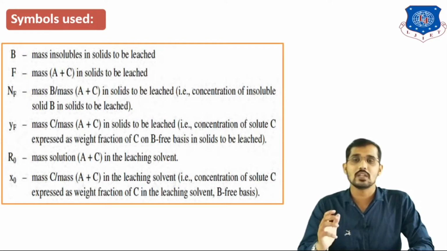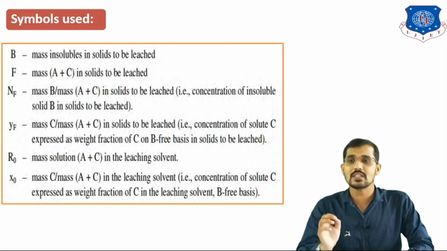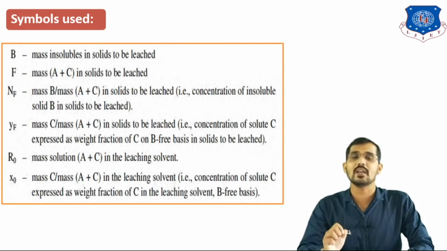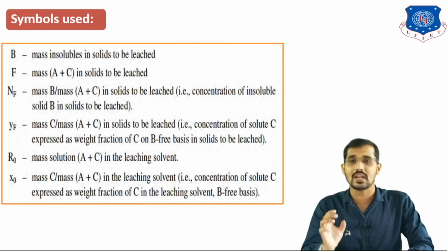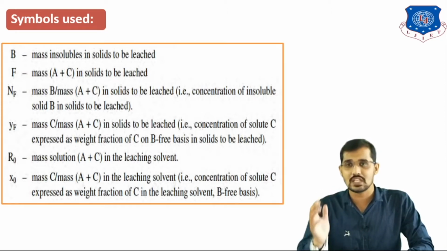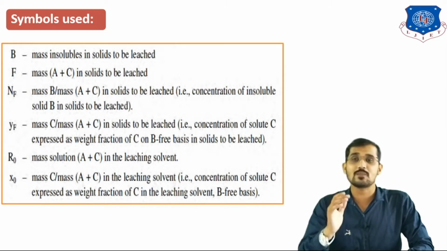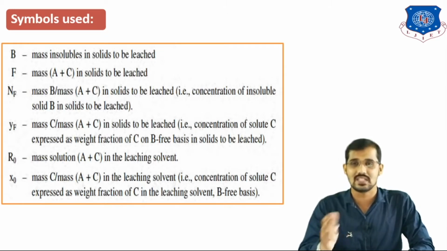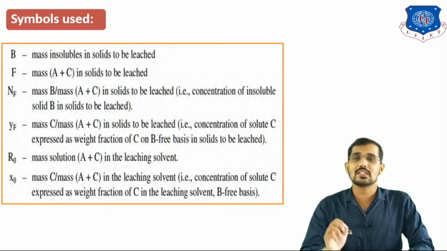So the mass fraction of the insoluble is given by NF equals mass of B divided by mass of A plus C in the solid to be leached. We are writing this on an insoluble free basis. Component B is the insoluble, so we are writing these fractions on a B free basis. I told you in the last lecture as well, we are taking all mass fractions on an insoluble free basis. Okay, so the next one is YF.